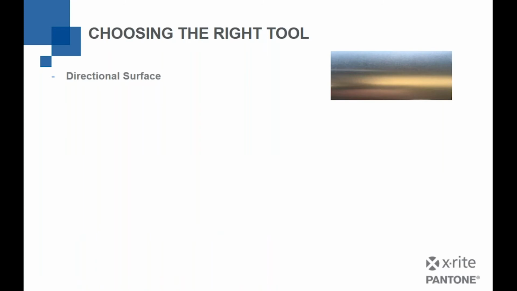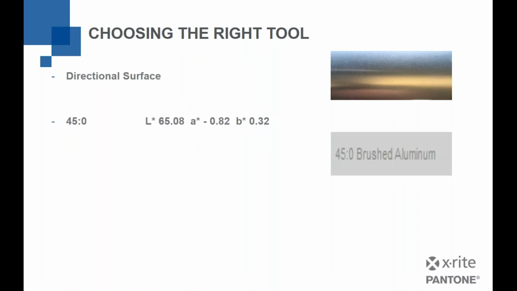Now we're going to move on to the directional surface. Again, this is a piece of brushed aluminum marked so that we're measuring a very specific spot. And you can see with a 45-0, I got a much higher L value here because it's not as glossy, right, as the foil was. So it's getting more light coming back, and it sees it as a gray, right?